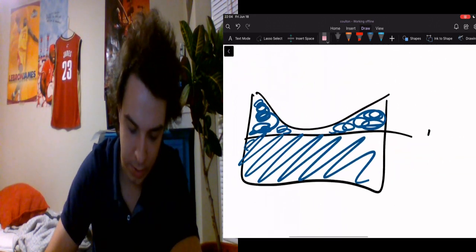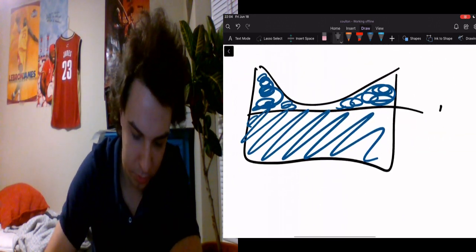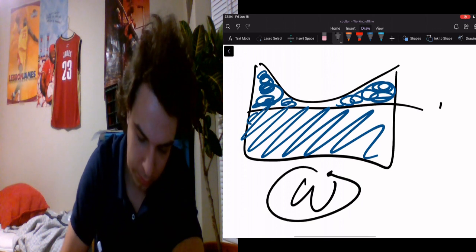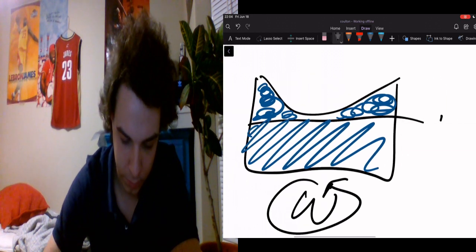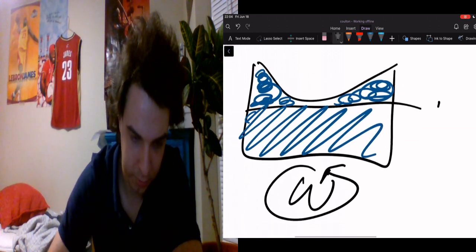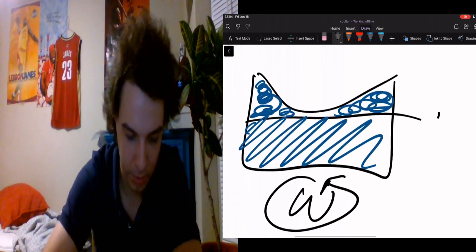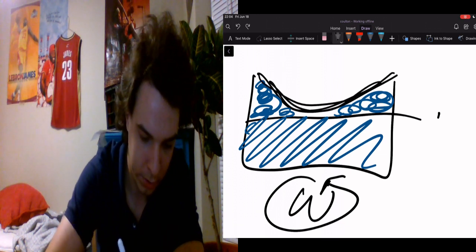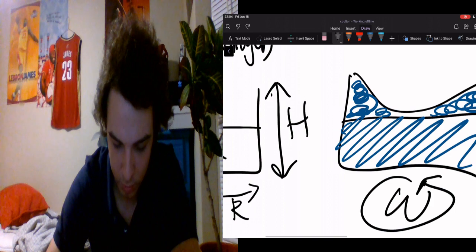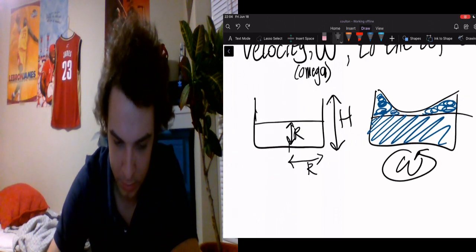And then here's what we see with angular velocity of omega, and we can see that we have a parabola at the top of the water going to the edge, and this is what we'll be trying to solve for, this omega.